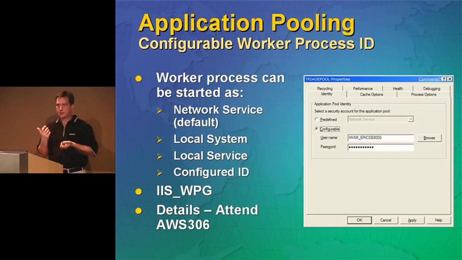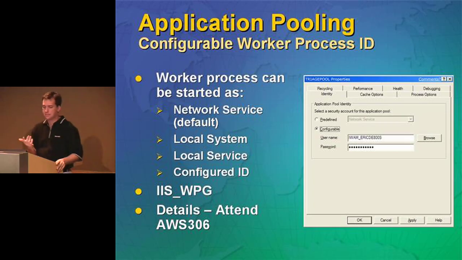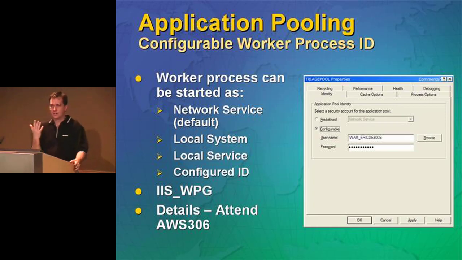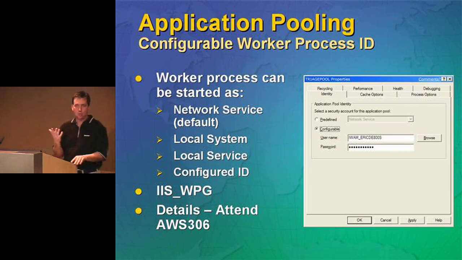When it's through processing the request, it does a revert to self and reverts back to the base process identity and goes and sits in the thread pool waiting for another request to come in. Why this is important is that you want to consider any malicious attacks that could possibly happen to the system. You don't want any code to take over and do a revert to self and run as some high privileged base identity.